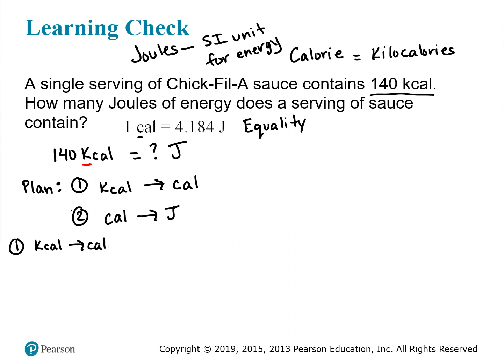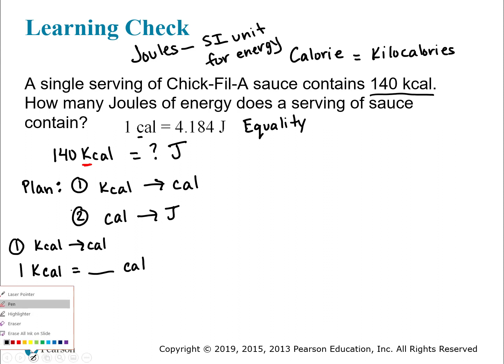For kilocalories to calories, if I have 1 kilocal, well, think about it. If I had 1 kilometer, that would be 1,000 meters. If I have 1 kilocalorie, I've got 1,000 calories.